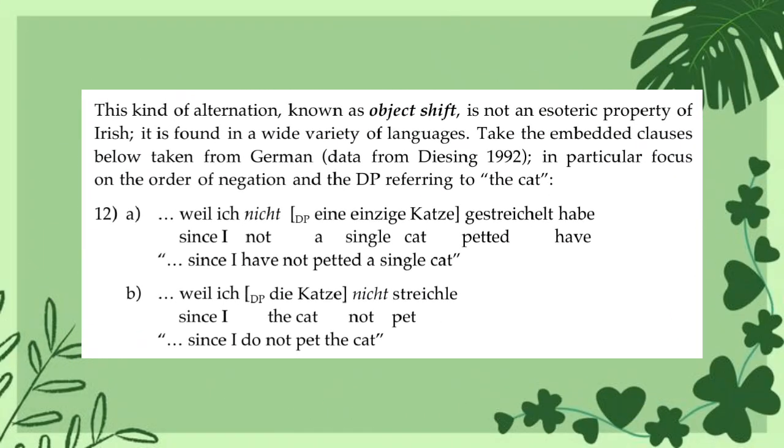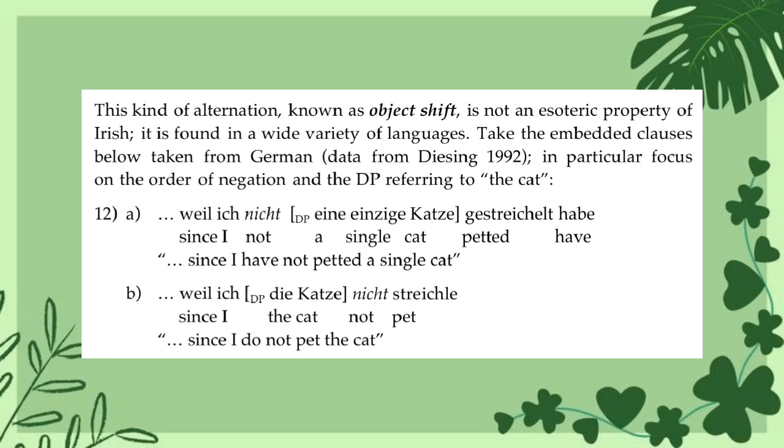This kind of alternation, known as object shift, is not an esoteric property of Irish. It is found in a wide variety of languages. Take the embedded clauses below taken from German, the data from Diesing 1992, in particular focusing on the order of negation and the DP referring to the cat.